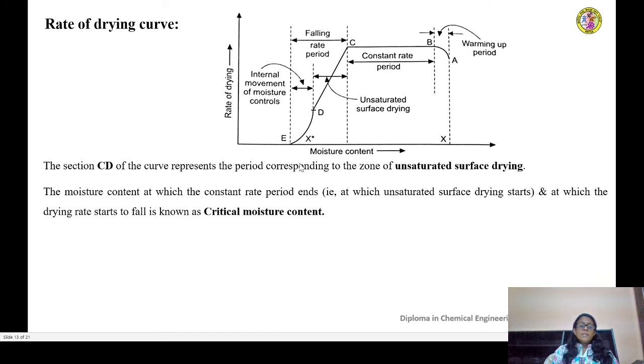The moisture content at which the constant rate period ends and at which the falling rate period starts is known as critical moisture content. Okay, so this is the critical moisture content for the given operation. It is usually denoted by XC.